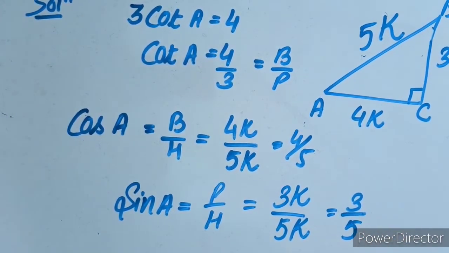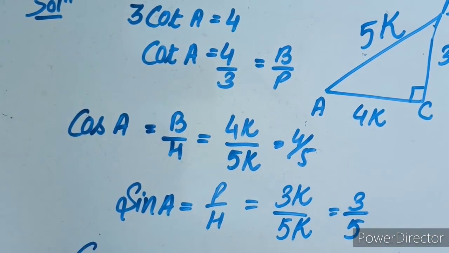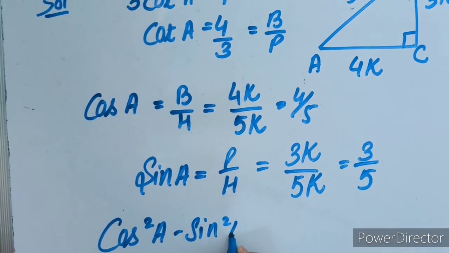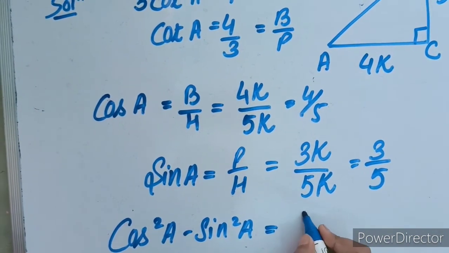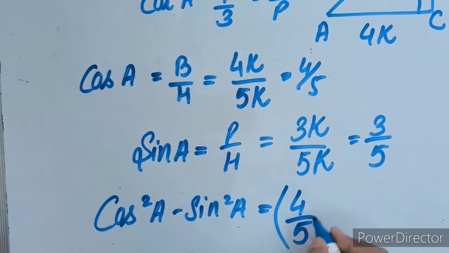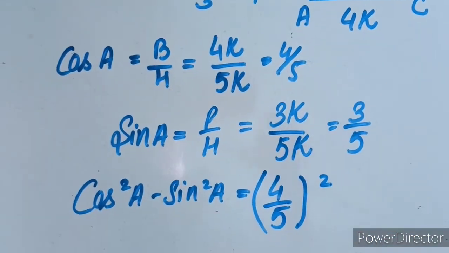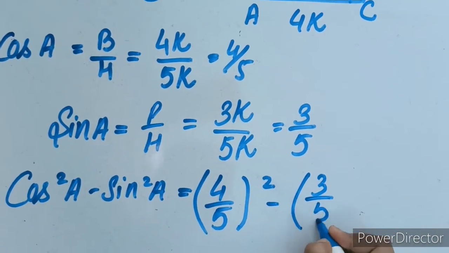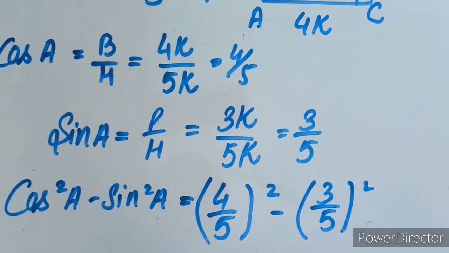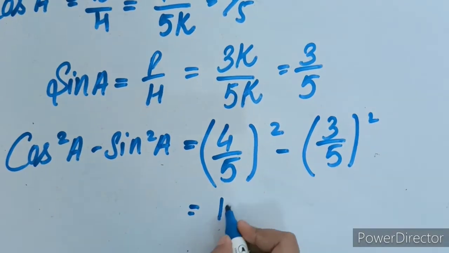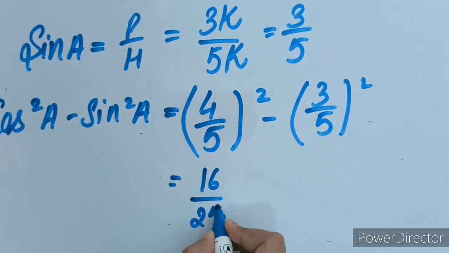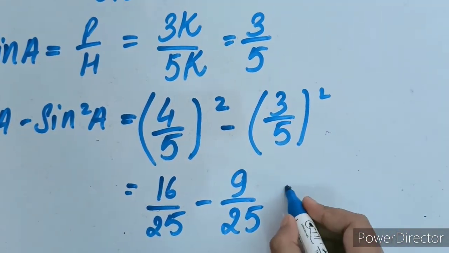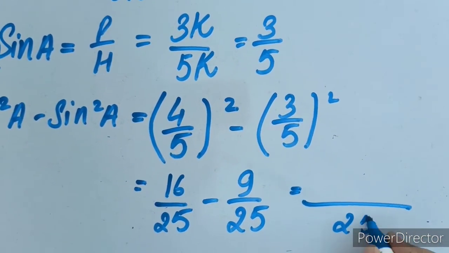Now what we have to put? We have to put these values into the expression cos square A minus sin square A. So cos square A, the value of cos A is 4 by 5 and then we have to put square. Minus sin A, 3 by 5 whole square. Now we know that 4 square is 16 upon 25 whereas 3 square is 9 by 25. So from here we take the LCM, that is 25.